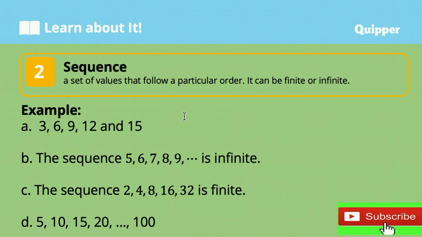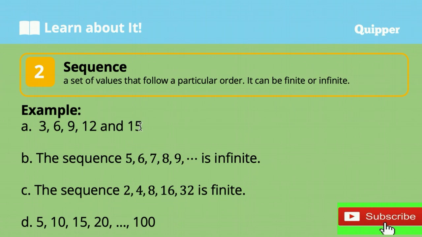Now, for example, in this set of numbers, we have 3, 6, 9, 12, and 15. The pattern here is we are going to add 3. From the first value, we have 3 plus 3, we get 6. Then we have 6 plus 3 is 9. 9 plus 3 is 12, and 12 plus 3 is 15.